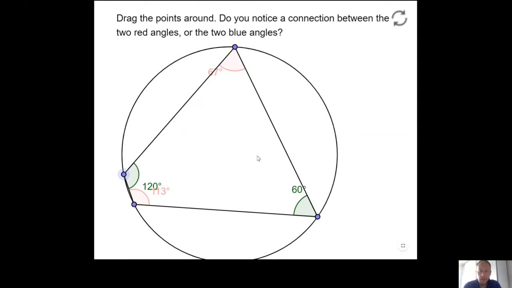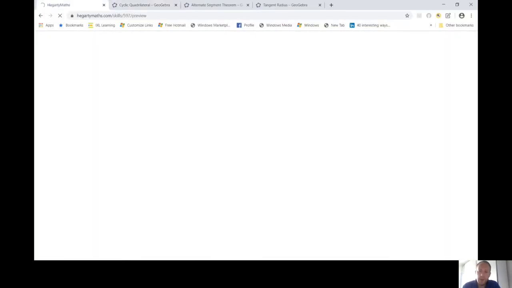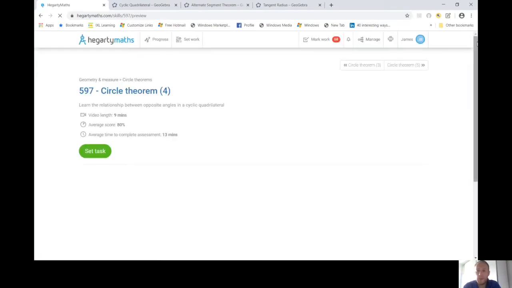Okay, so let's have a look at some questions. So on Haggerty Maths, the first couple are quite easy to do. And then it gradually just gets slightly trickier as it goes through, as you know. So the first question.